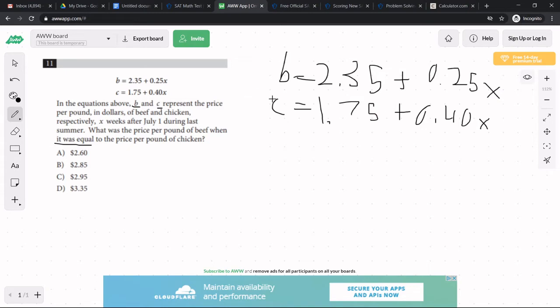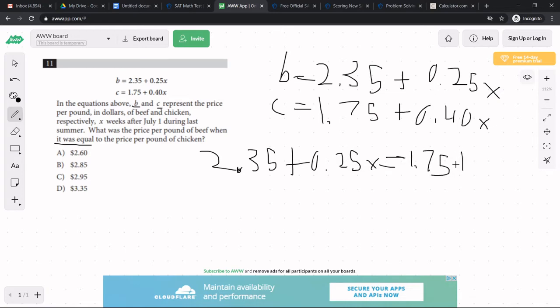So if B and C are equal, these two equations are equal. So let's just do that. 2.35 plus 0.25x equals 1.75 plus 0.40x. Subtract 0.25x and 1.75 from both sides.